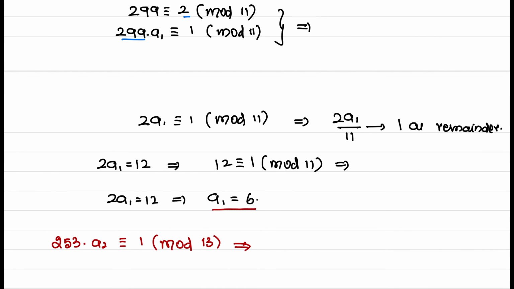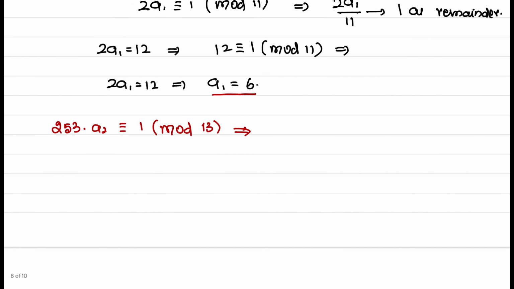Here, what is 253? 253 can be written as 247 plus 6. 247 is nothing but 19 into 13, plus 6.